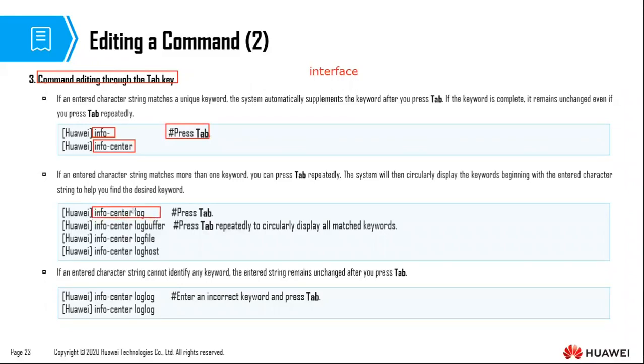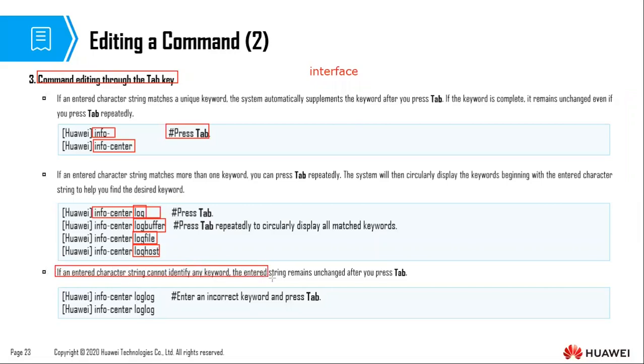We have info center space, then we've entered log. If we press tab once, it's going to autocomplete it to log buffer. If we press tab again, it's going to circulate to the next word that starts with log. If we press tab again, we are going to get to the next word that starts with log. So I hope you understand what that means.